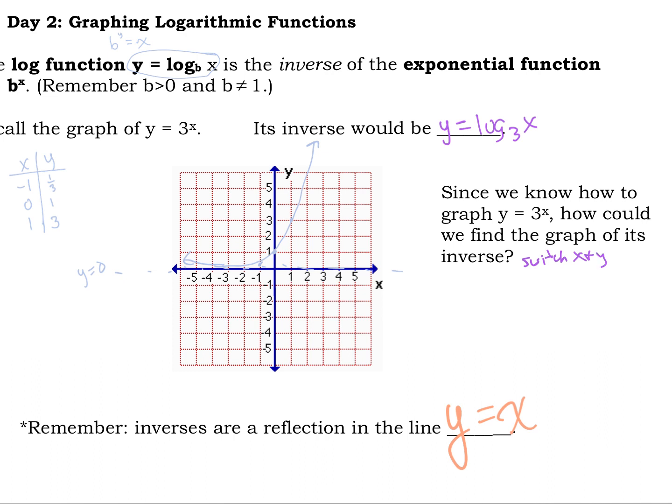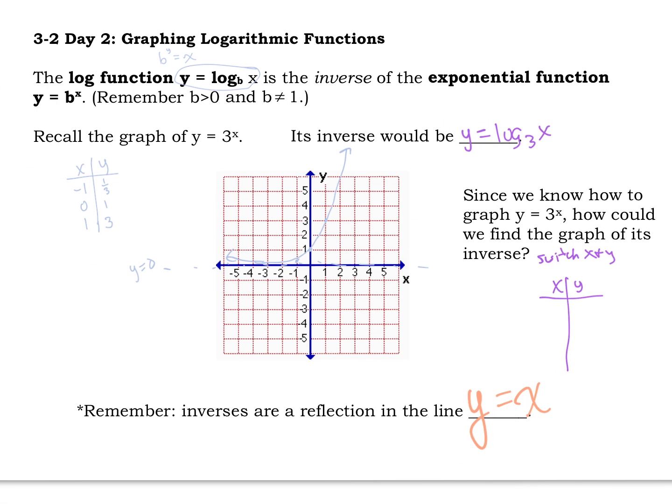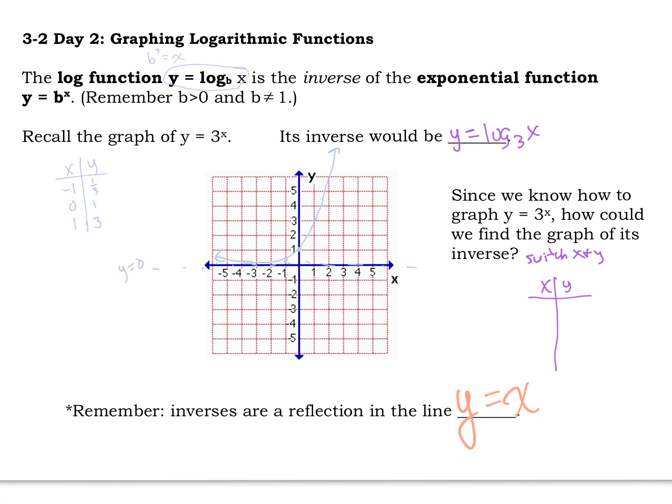So we already have that table of values, so if we wanted to graph the logarithmic graph, we've just got to switch. What we see as our x's over here, we're going to rewrite as our y's. And what we see as our y's, we're going to put in the place of our x's. And we can graph that to get a feel for what that graph looks like. Let me fix that because that's looking way too messy.